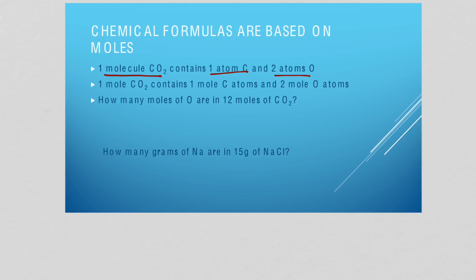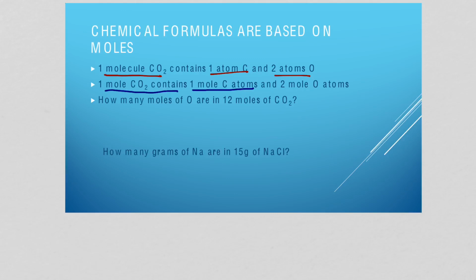But now with our understanding of the concept of a mole, right? If I have 1 mole of CO2 molecules, that whole group of 6.022 times 10 to the 23rd CO2 molecules, if I count up all the carbon atoms, it's going to be 1 mole of carbon atoms, because there's 1 carbon atom in every molecule.